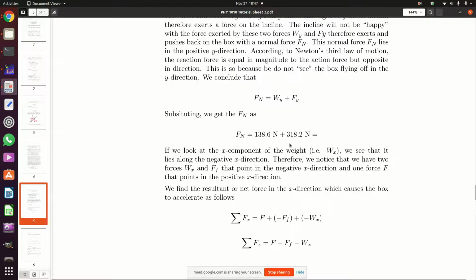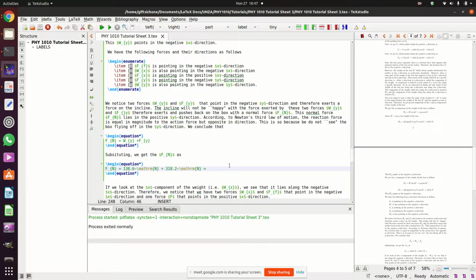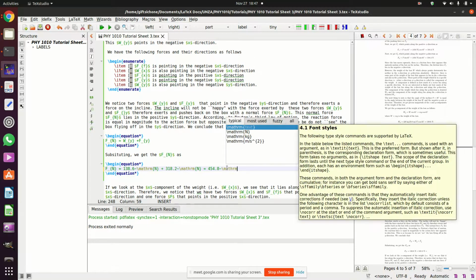163.6 plus 318.45 something. 454.8. Can someone confirm that?